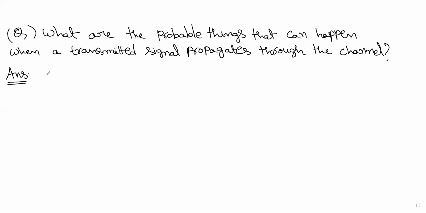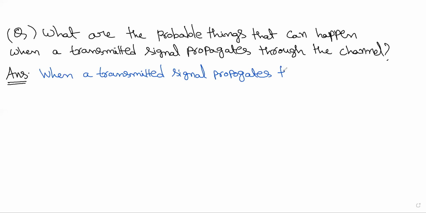So the answer would be, when a transmitted signal propagates through the channel. So what are the probable things that can happen when a transmitted signal propagates through the channel?